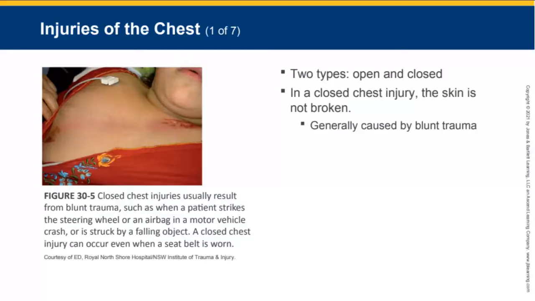When I think about the third collision, I am looking at the patient. So this is when you're looking at the patient for impact points. And anywhere I see an impact point on the patient, I'm thinking about which structures are underneath and what is the function of those structures.